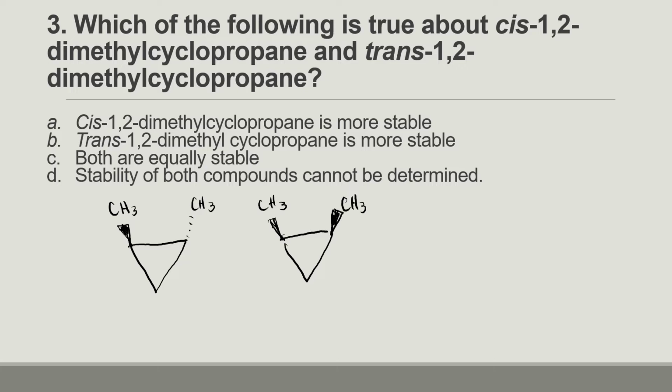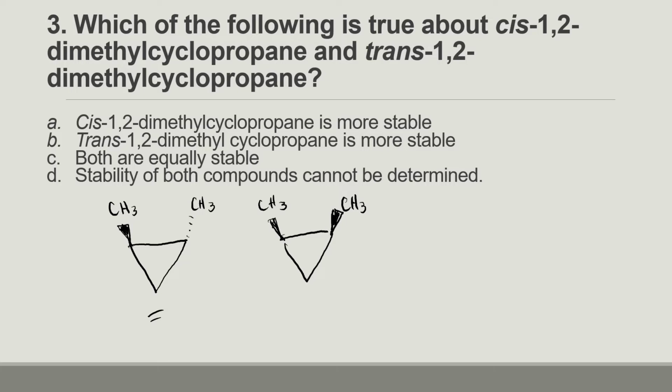Okay, so on your left, this is trans-1,2-dimethylcyclopropane because obviously this is dash, this is wedged, this is dash. So they are from different opposite directions. One is in the page and the other is out of the page.